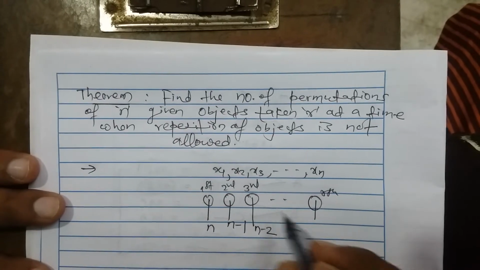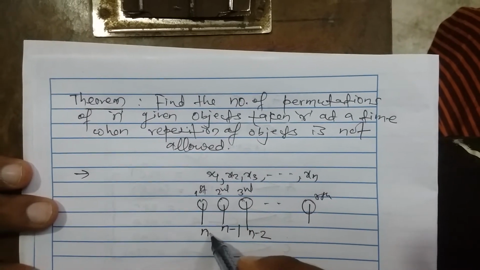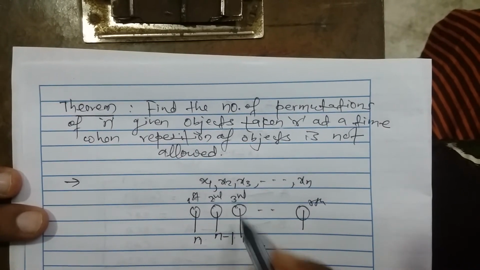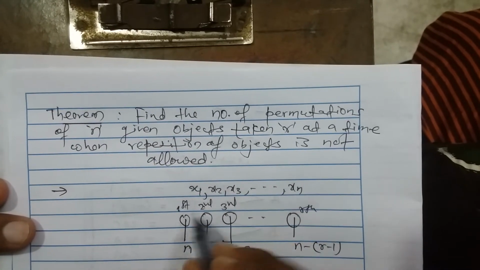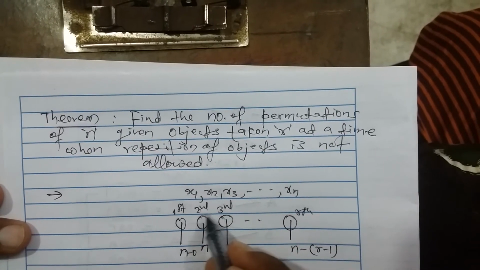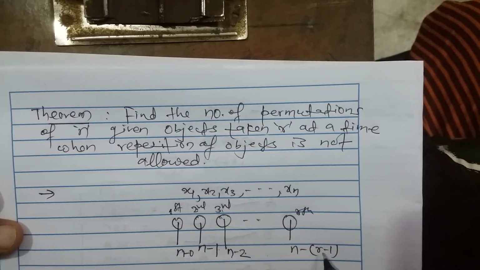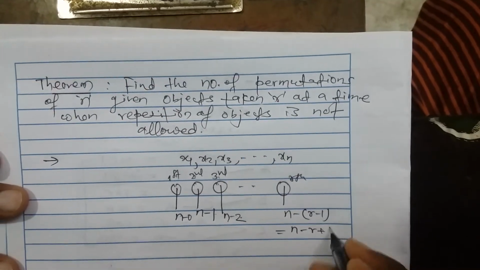Finally, for the rth place, you can consider: for the first place, n minus 0; for the second, n minus 1; for the third, n minus 2; for the rth, n minus (r minus 1), or simply n minus r plus 1.